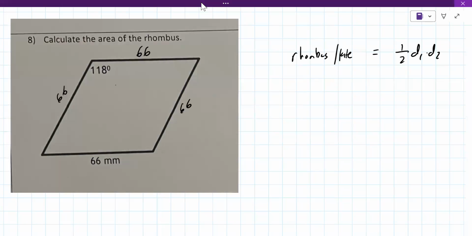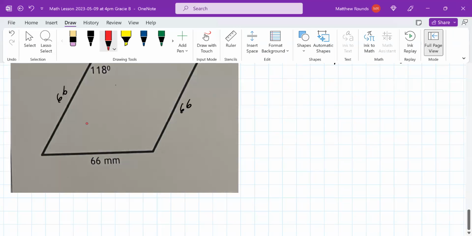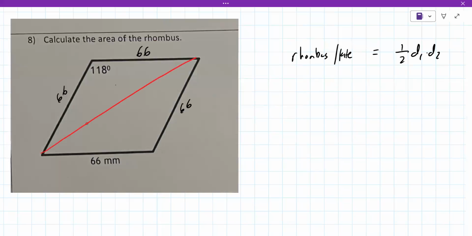So the reason that helps is if you draw this diagonal, and we'll call that diagonal 1, you can calculate diagonal 1 using law of cosines. But you can also just use that 1/2 AB sine C for this. Okay, right. And that's probably better because the triangles are actually congruent.